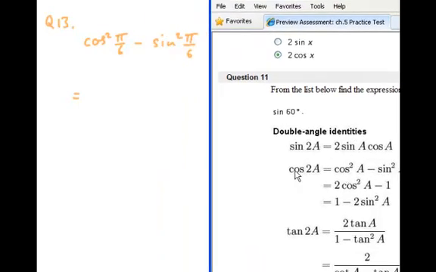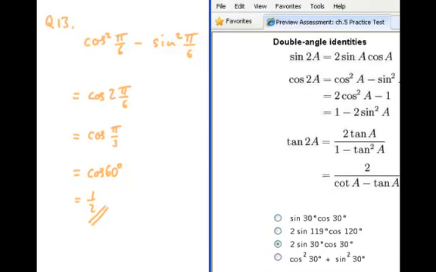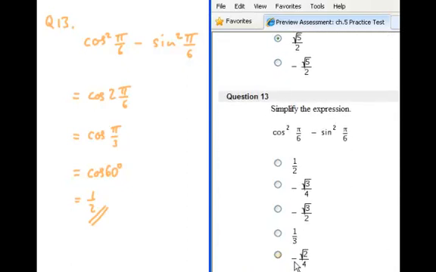So this one right here will therefore be cosine 2a, so cosine 2 pi over 6, which is cosine pi over 3. And now I do need to have memorized my basic numbers. This one is the same as cosine 60 degrees, and I do need to know that this is 1/2, which is one of the possible answers. So when I go down here, there it is.